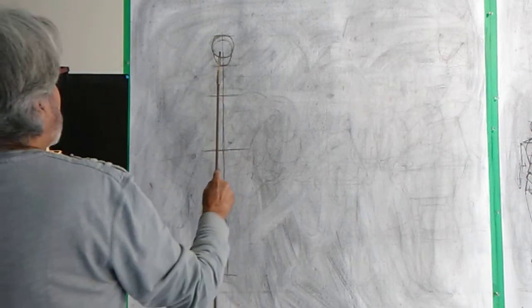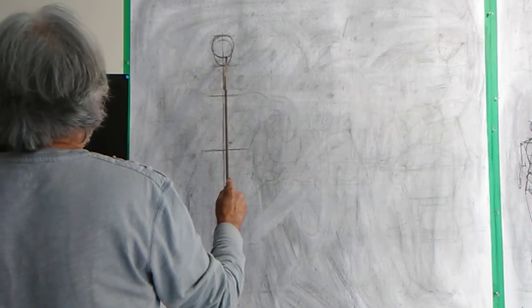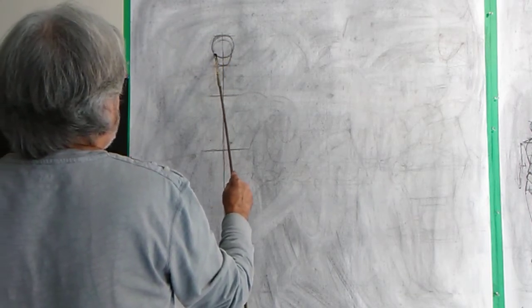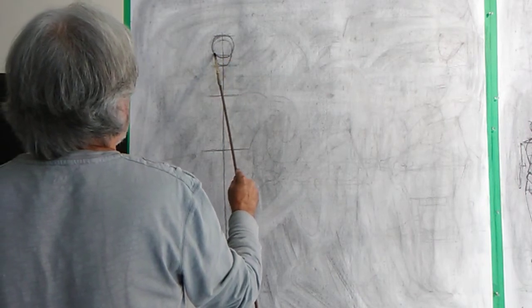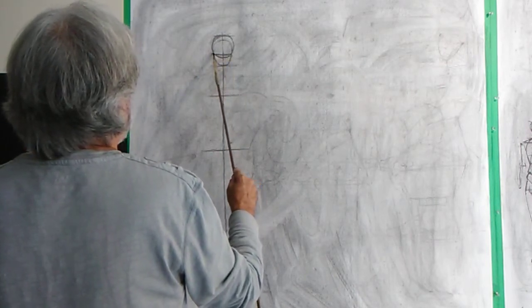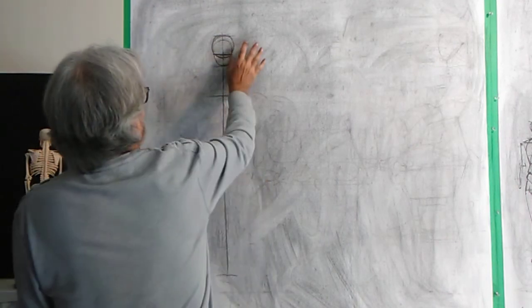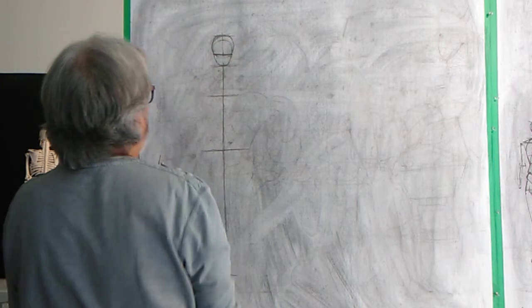Okay. Now, with the back of the skull, I'm going to show you a skull in a minute. It flattens out here like this. So it appears that this point of the ball is cut off.